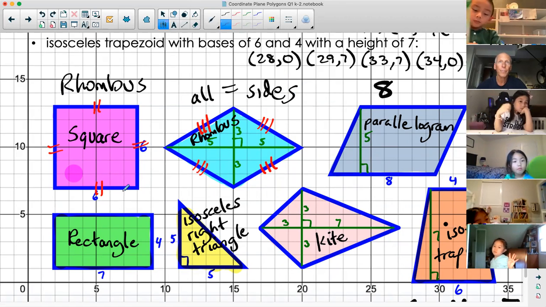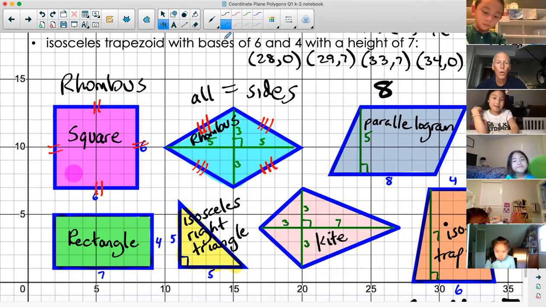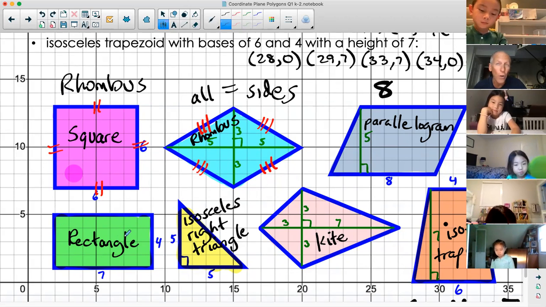Alice? I was not raising my hand. Oh, okay. I really saw your hand up, so I'm so sorry. Does anybody want to say which sides of the rectangle are the same? Is it the one that's 7 and the one that's 4? Is that the same? Well, then which 2 are the same?